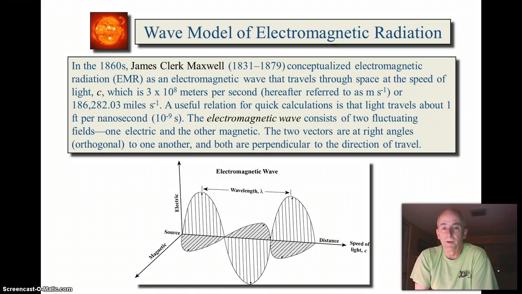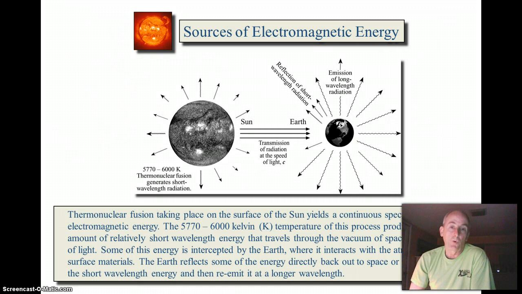They're the magnetic wave and the electric wave, which are normal and, I guess, out of sync or in sync with one another, but they're fluctuating in different planes, normal to one another.